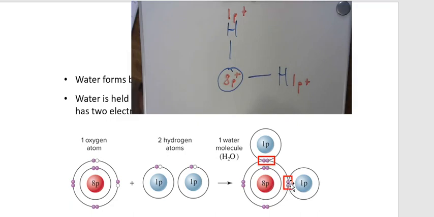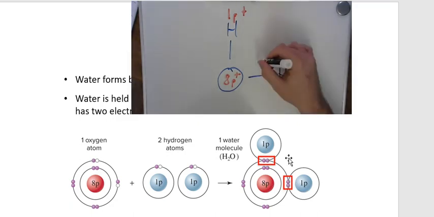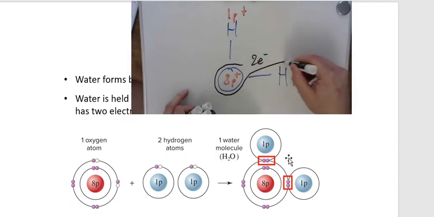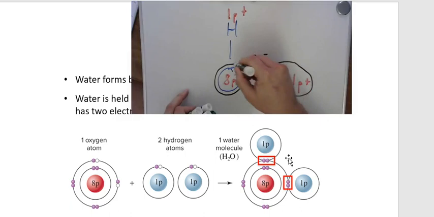So now those 2 electrons here that are orbiting between oxygen and hydrogen are more attracted towards those 8 positive charges than that 1 positive charge, right? So those 2 electrons spend more time around here than they do around there.